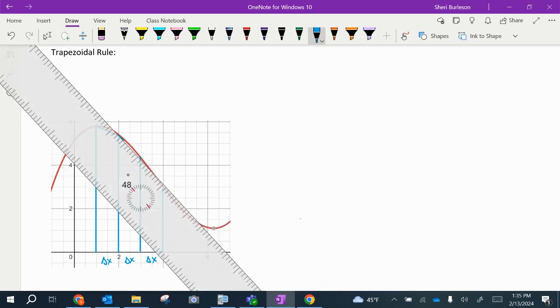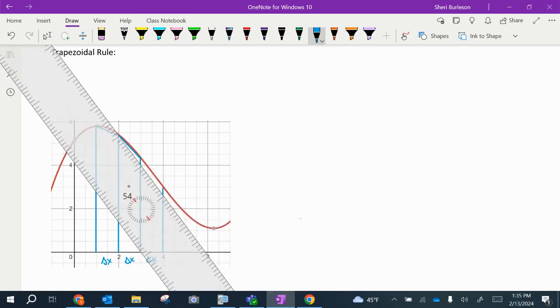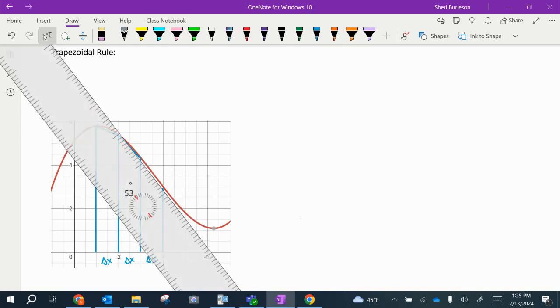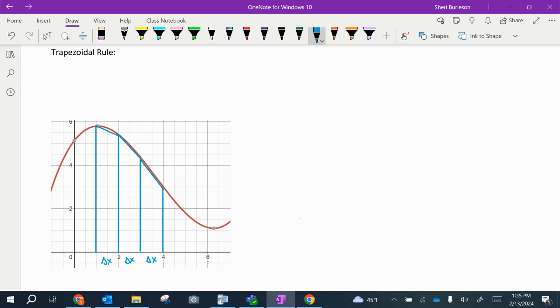So if I'm looking at this, I can see that a trapezoid actually is following along the curve relatively closely. That seems like I'm not having as much above or below error here.